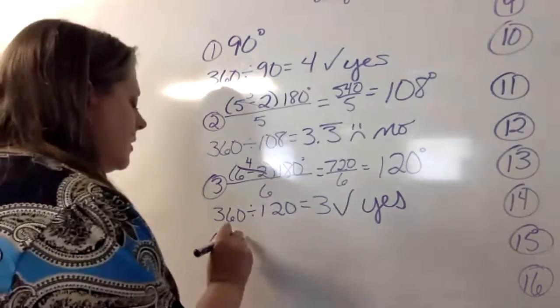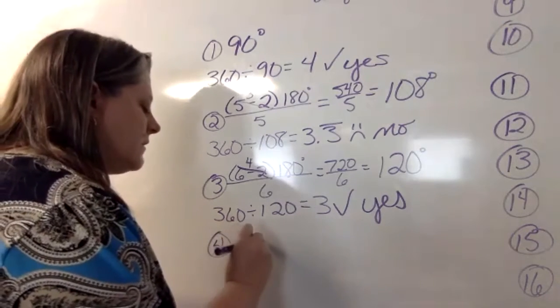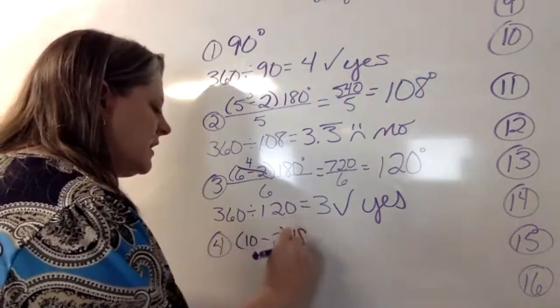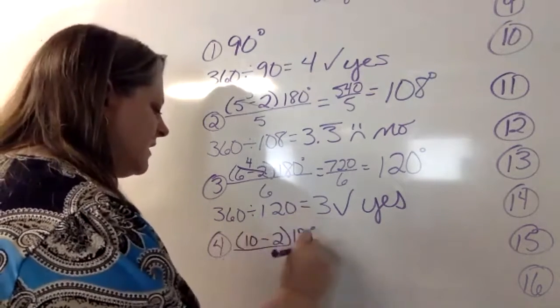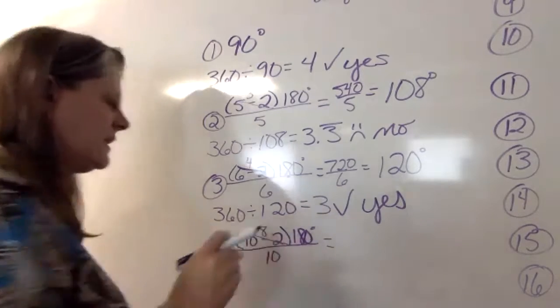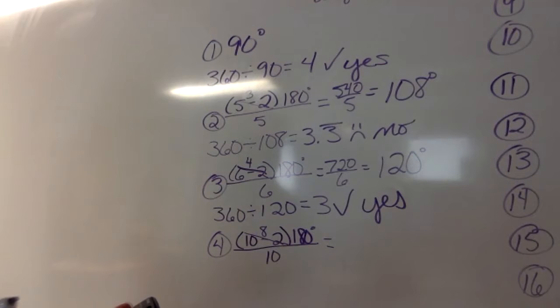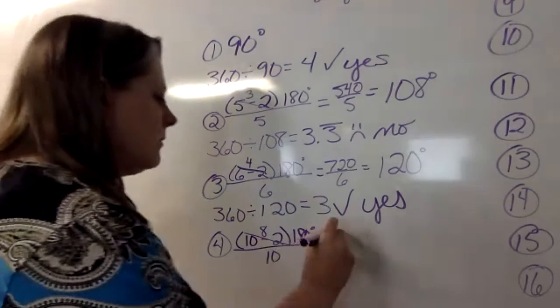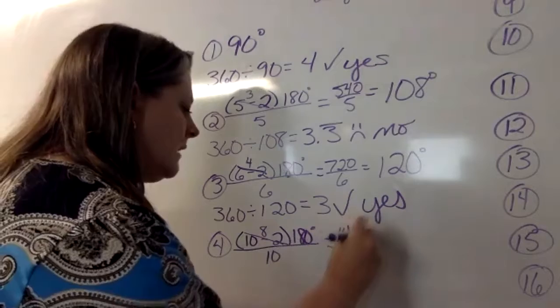Okay. So your formula says you take the number of sides minus 2 times 180 divided by the number of sides. So 10 minus 2 is 8. So 8 times 180. So I get 1,440.